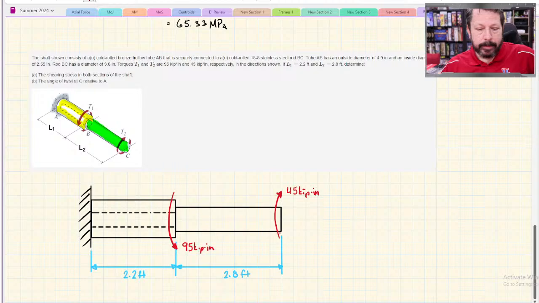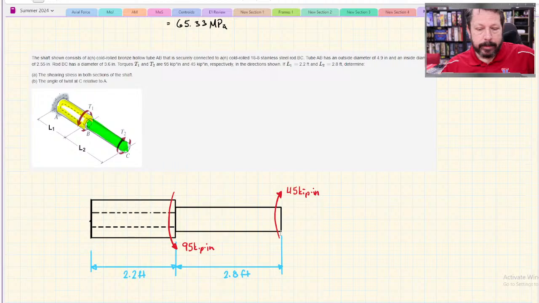Now, this is not a free body diagram, right? What I've drawn, because it's connected to the wall. So technically, to draw a free body diagram, I don't need this, right? But I need to replace that connection with some kind of stabilizing torque.